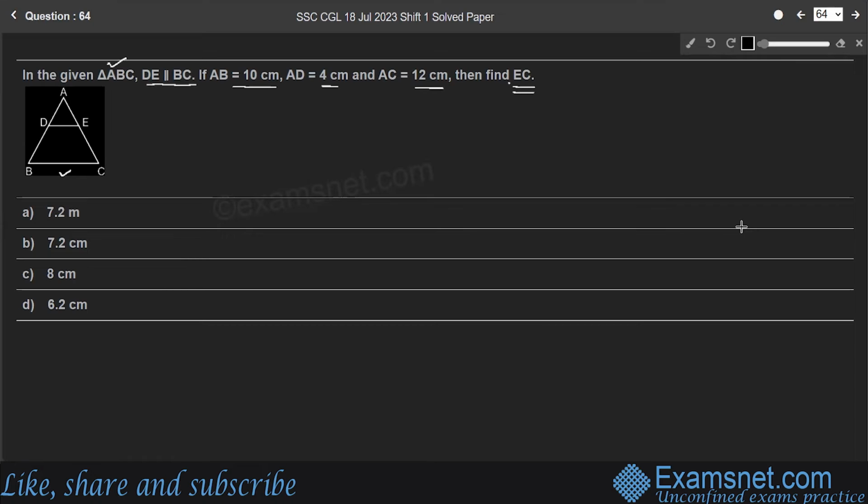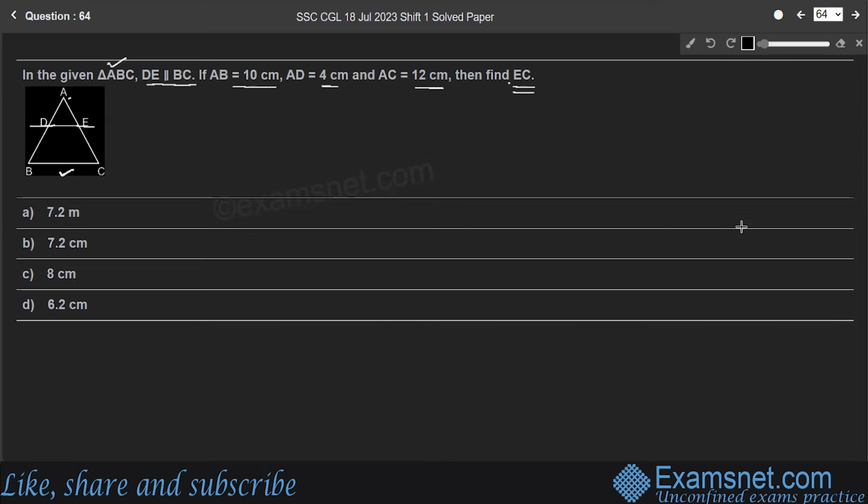In such a case, the line parallel to one of the sides divides the other two sides, which are AB and AC. I'm not telling the other two sides are equal. The line DE divides the other two sides in equal ratio, right?